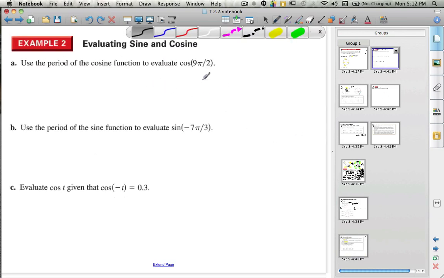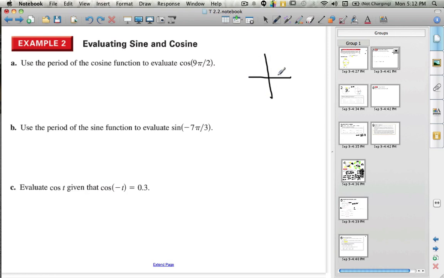If we want to use the period of a cosine function to evaluate the cosine of 9 pi over 2, let's figure out where 9 pi over 2 belongs. If I go around the whole circle, that's 4 pi over 2, which is 2 pi.